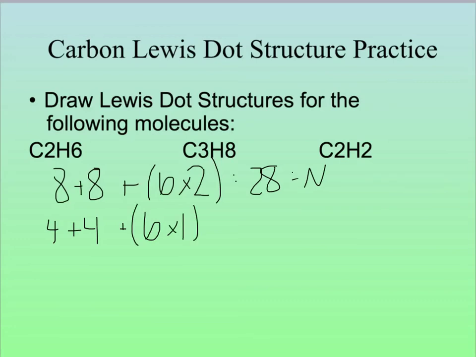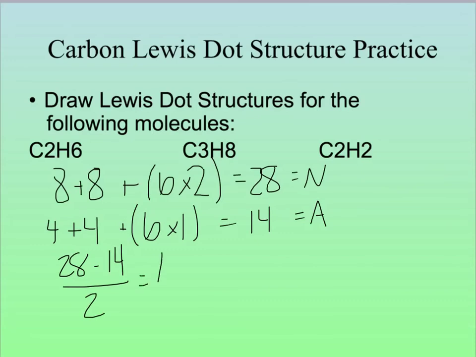Each of them has 1 electron, so 6 times 1 is 6. 6 plus 4 plus 4 is 14, and that's A. So now we do 28 minus 14 divided by 2. That gives us 14 over 2, which gives us a total of 7 bonds.